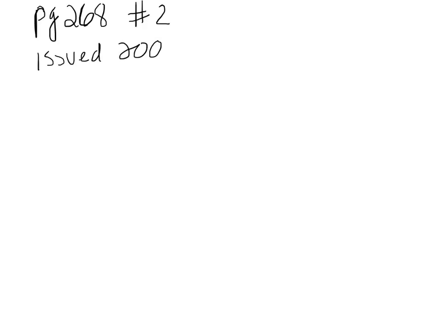So now let's look at an example in the textbook. I am at page 268, looking at exercise number 2. A company issued 200 shares of $2 par value stock, and it issued those for $10 per share.